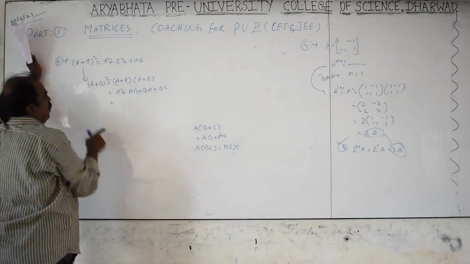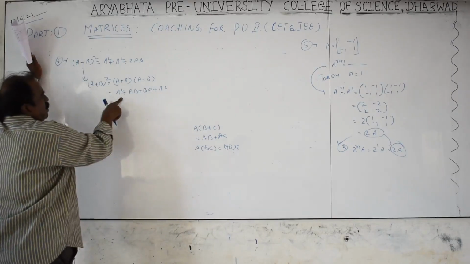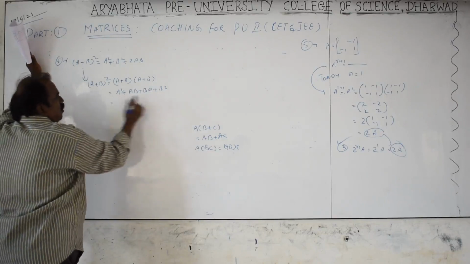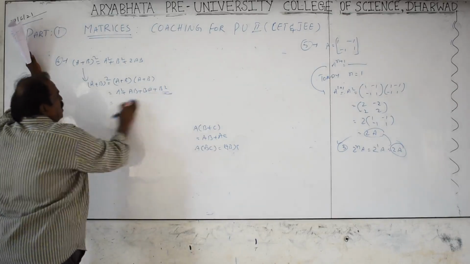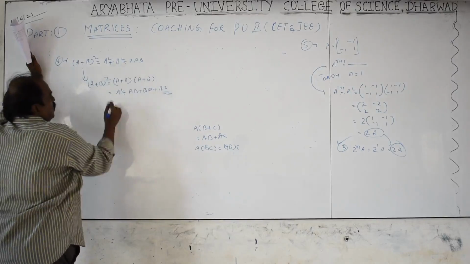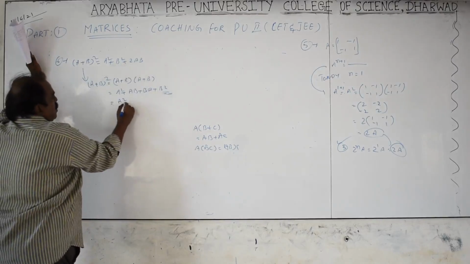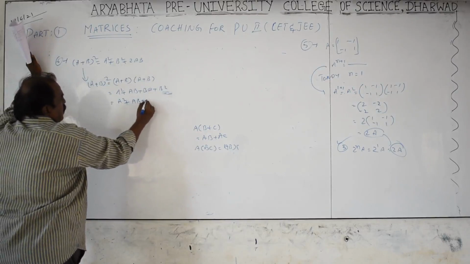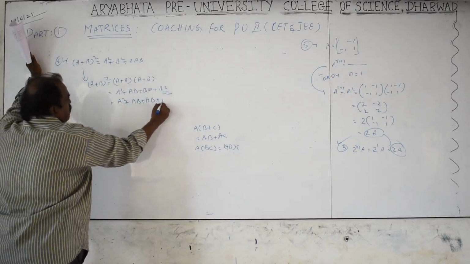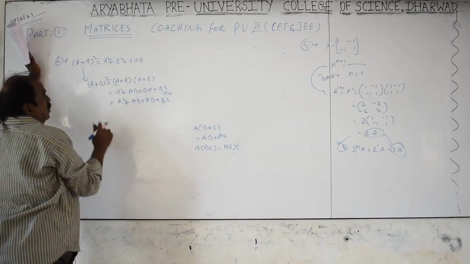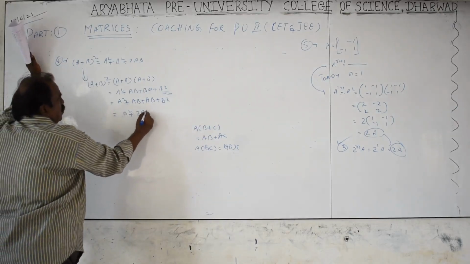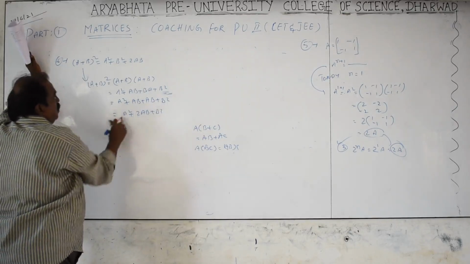In the matrix, only up to this is over. But what is given here? 2AB. That means it is A square plus AB plus BA plus B square. Only if we can get A square plus 2AB plus B square, he has given it like this.